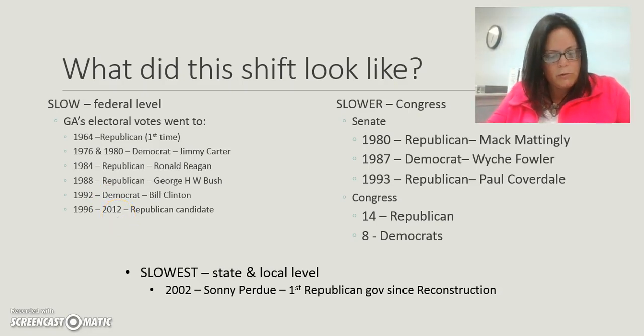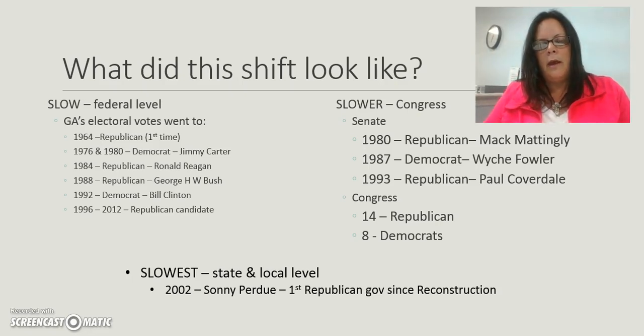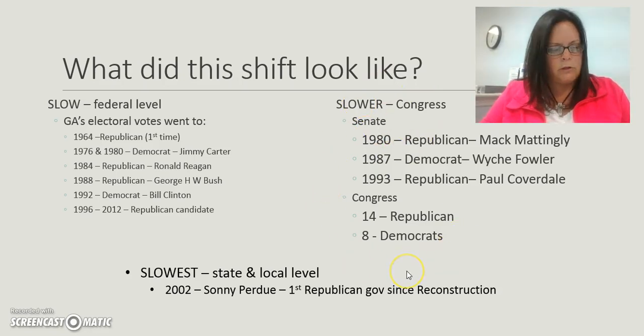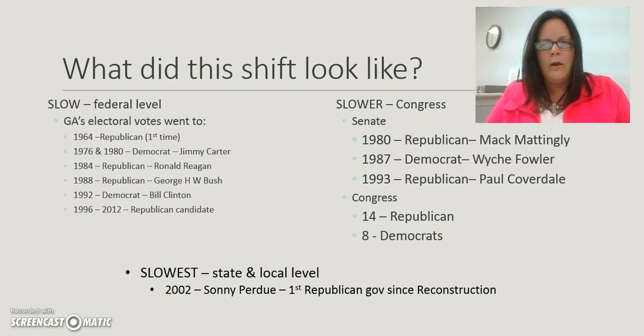The switch to a two-party system was a little slower when you look at the congressional or legislative branch of our government. It was a little slower in the Senate. In 1980, Republican Mac Mattingly defeated Herman Talmadge for office.